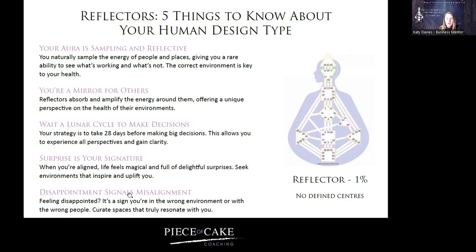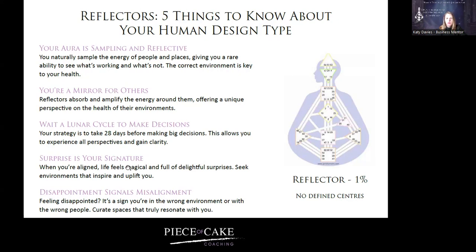The way to tell if you're following the wrong path and surrounding yourself with the wrong people is if you start to feel disappointed, because of the experience you had, the energy you've taken in, the environment you're in, the people you're with. If you have this disappointed feeling of, oh, this is not a great experience for me, then that is a sign that it's the wrong environment or you're with the wrong people.